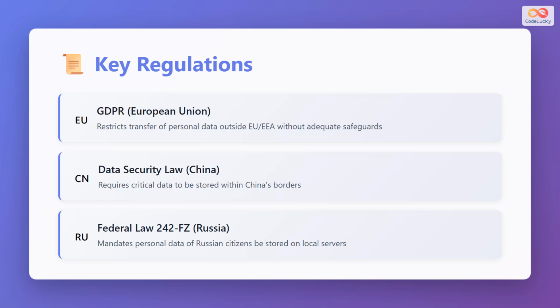This law applies to organizations operating in China and handling Chinese citizen data. Russia's Federal Law 242-FZ mandates that personal data of Russian citizens must be stored on servers physically located in Russia. These are just three examples, but many other countries have similar requirements. Each regulation has unique provisions, and global organizations must navigate this complex landscape to remain compliant.